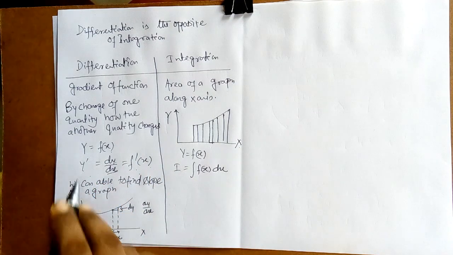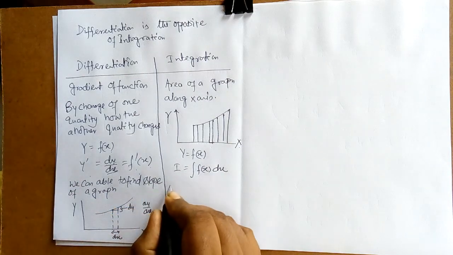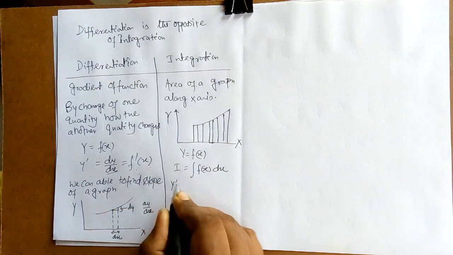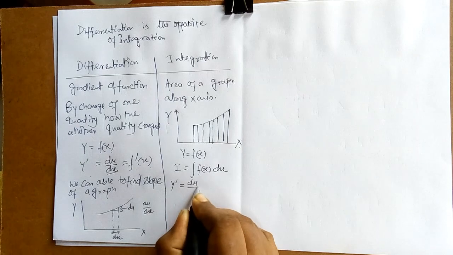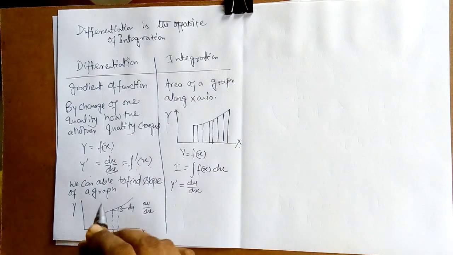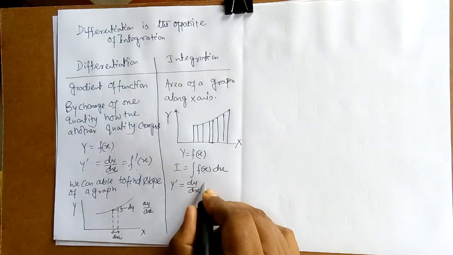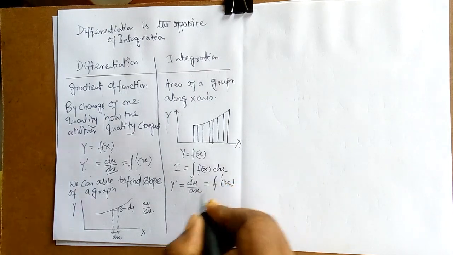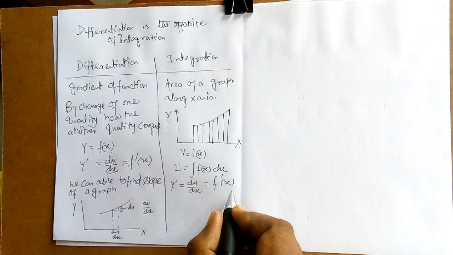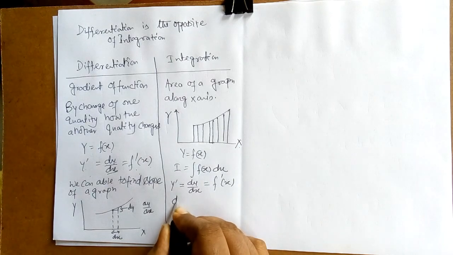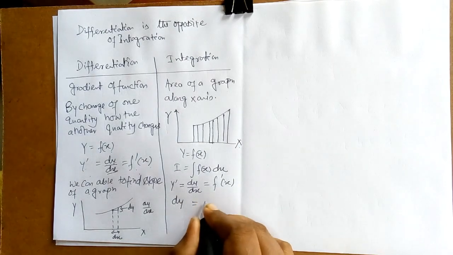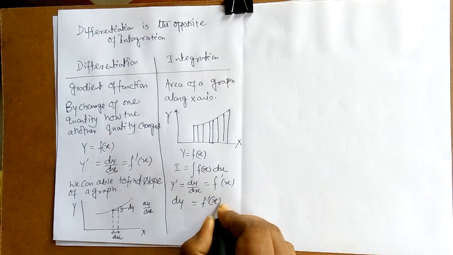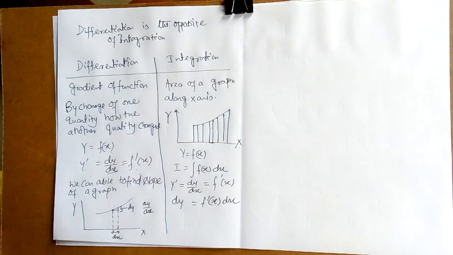Okay, let's see. Here I have told that y dash equals dy by dx. And what is y dash? Y dash is also a function of x, but the function is different, that is f dash. But if I want to find dy, then dy equals f dash x dx, right?